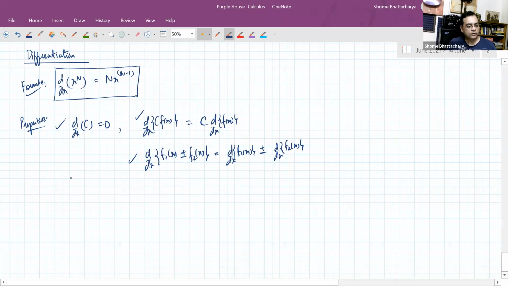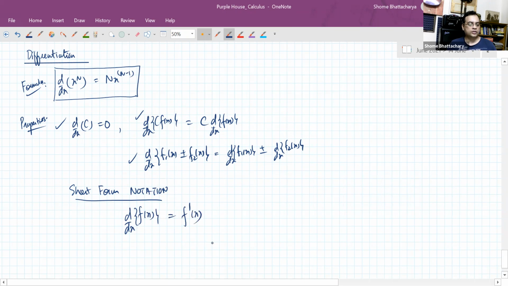Now before we go ahead, we'll also use a short form notation: differentiation of a function in short form can be just written as prime of that function. So this is a shorthand symbol for this whole operation, the short notation of what we have on the left hand side, which is the differentiation of the function.